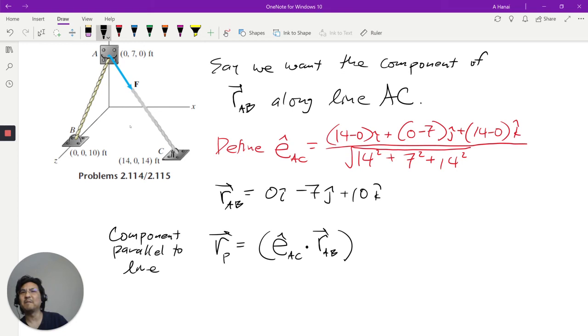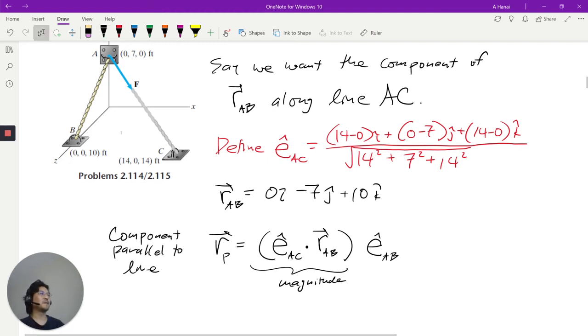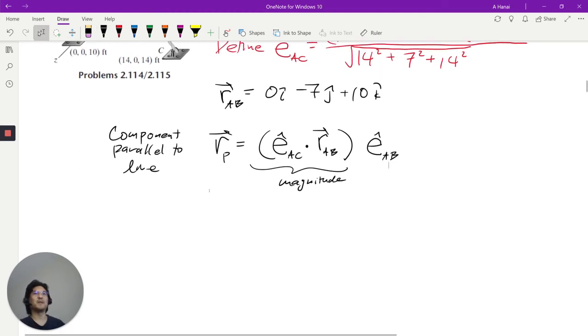Well, that's the magnitude. That's the magnitude. The direction is this unit vector. So for that magnitude, let's show a little bit of work.